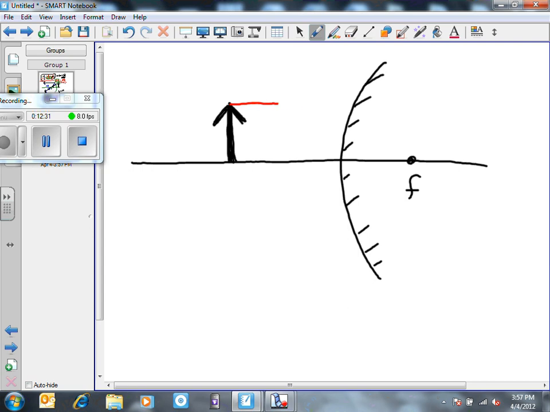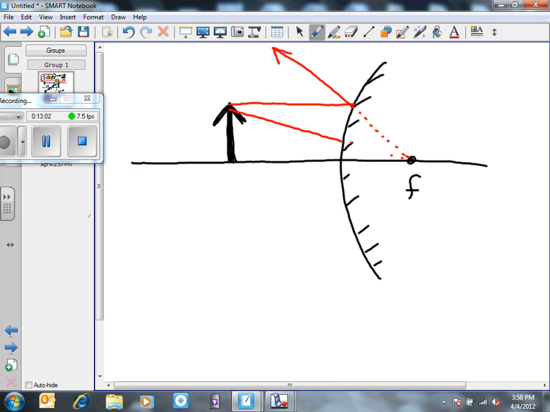Well, kind of the same way. First you come in parallel to the principal axis, and then you can't see what I'm doing here, but I'm lining up my ruler with this. And then I can see where my reflected ray is going to go, right along that same line. And then the next line that I draw here, you can't really tell, but I'm actually lining it up with this.